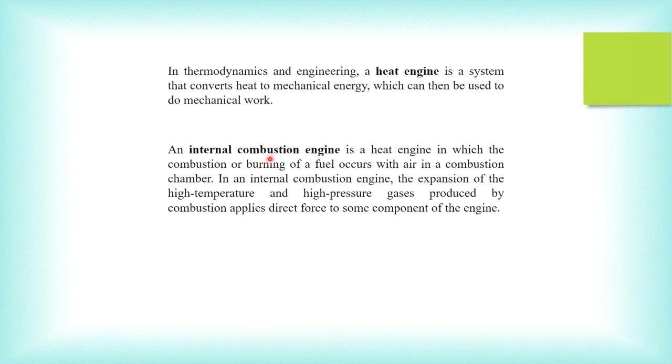So in an internal combustion engine, the burning of fuel takes place inside the system. But in an external combustion engine, such as a steam engine, the burning of fuel takes place outside of the engine. That is the difference between internal and external combustion engines.